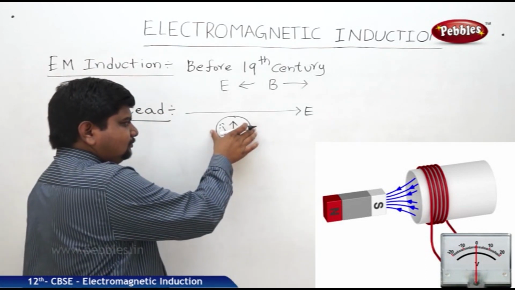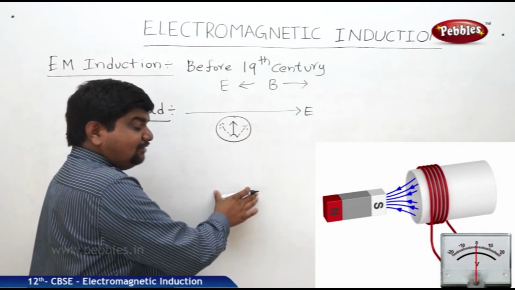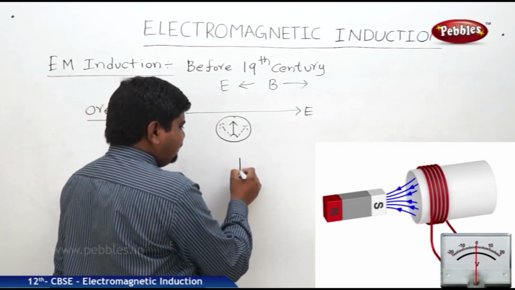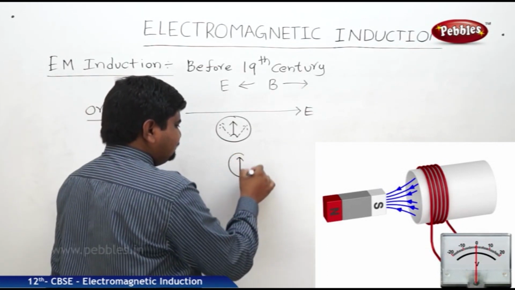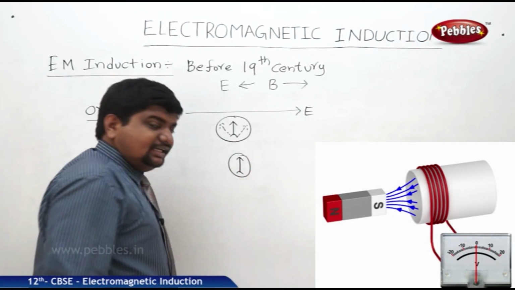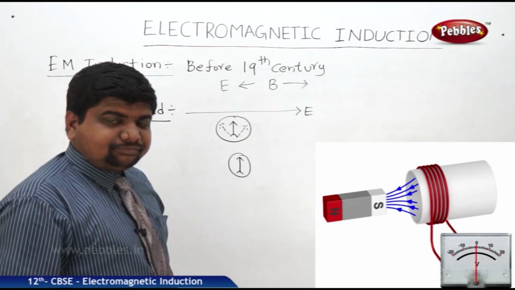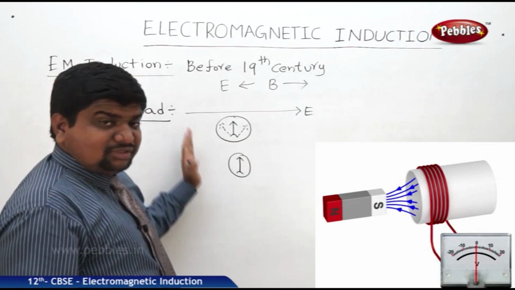And when he moved this compass needle away from the current carrying conductor, the deflections reduced, and the needle quickly came to the rest position. So what was his observation?